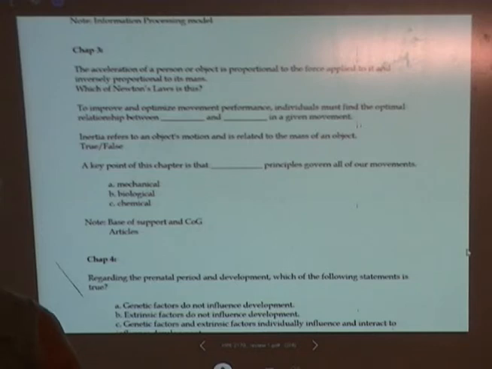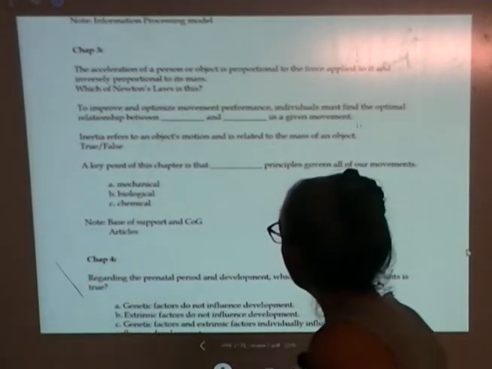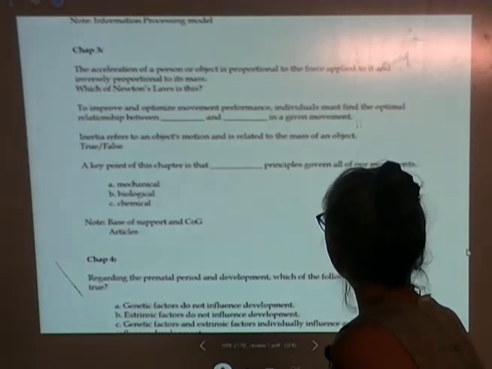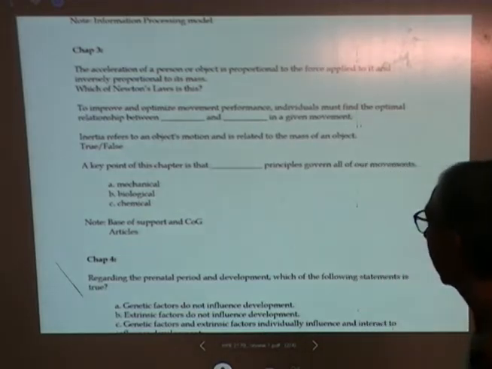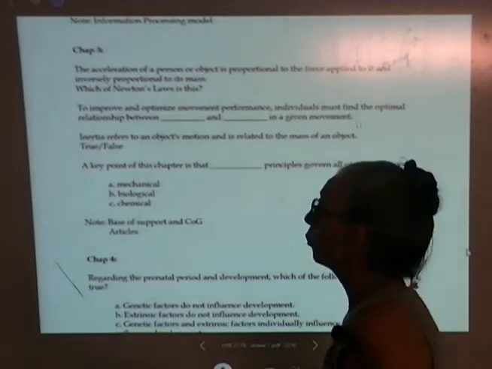Okay. All right, question 2. To improve and optimize movement performance, individuals must find the optimal relationship between blank and blank in a given movement. Is it force and distance? Oh, good try.